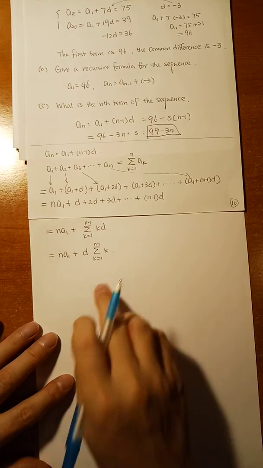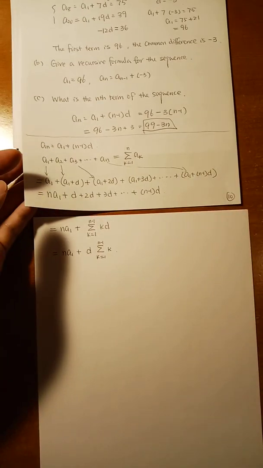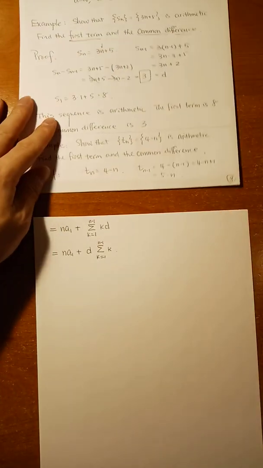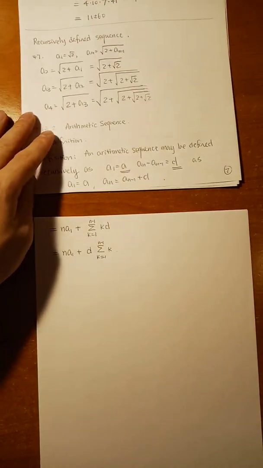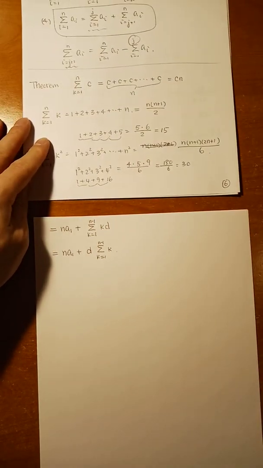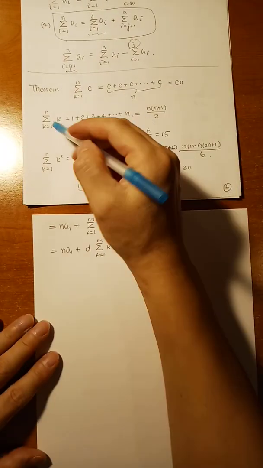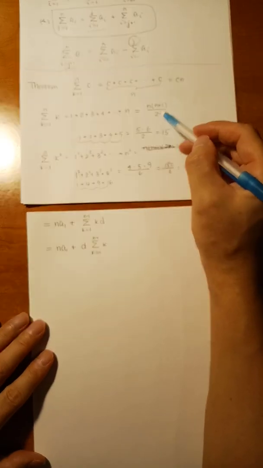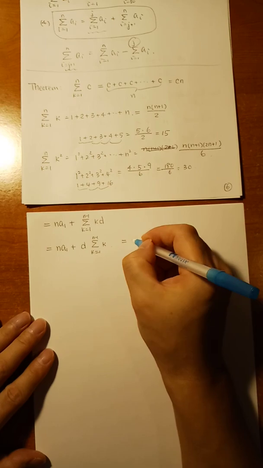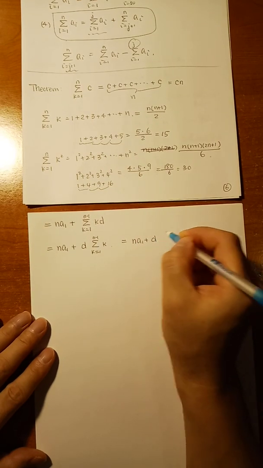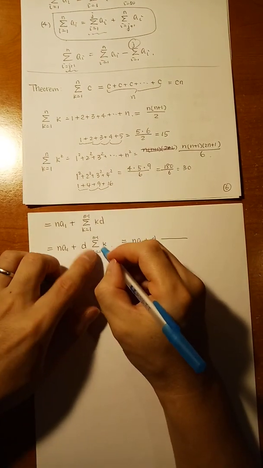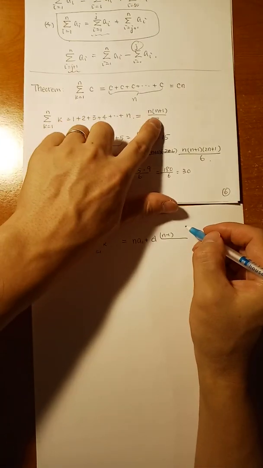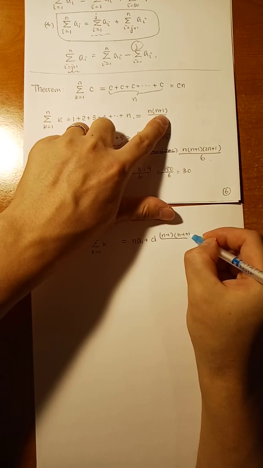And let's recall the formula. Where is the formula? Here. You see, the sum of k from 1 to n is n times (n plus 1) over 2. And in this place, the sum is from 1 to n minus 1. So where you have n, you write n minus 1: (n minus 1) times (n minus 1 plus 1) over 2.